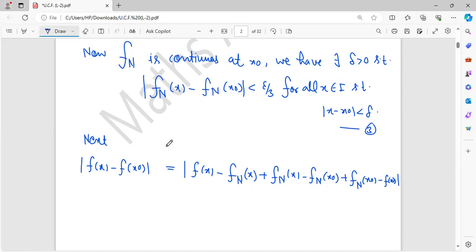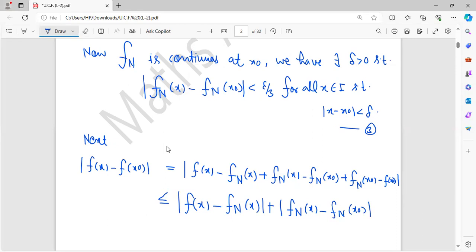Now we can use the triangle inequality here: |F(x) - Fn(x)| + |Fn(x) - Fn(x naught)| + |Fn(x naught) - F(x naught)|.